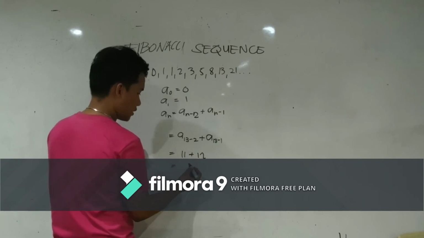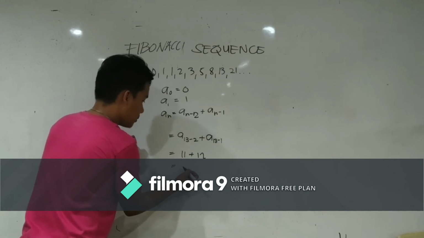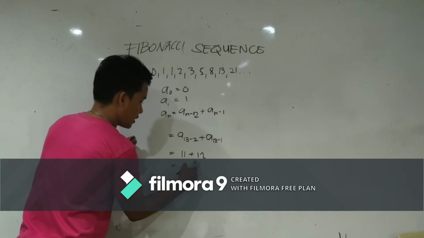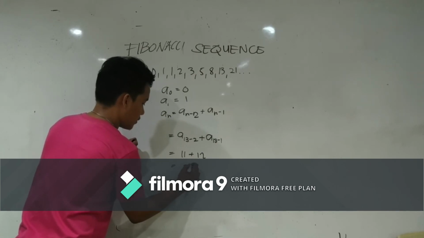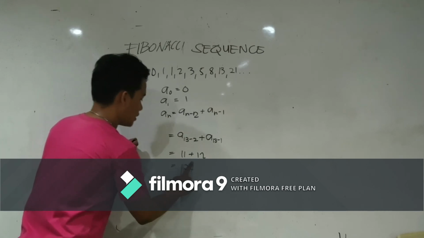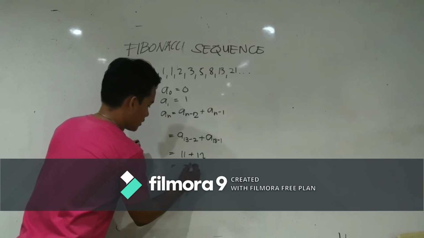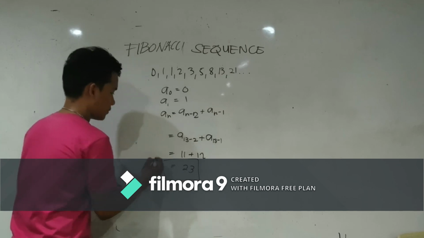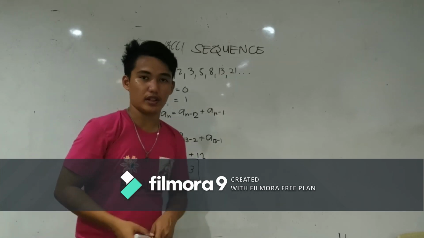So the 13th term of the Fibonacci sequence is just 24. I mean 23. 11 plus 12 is 23.